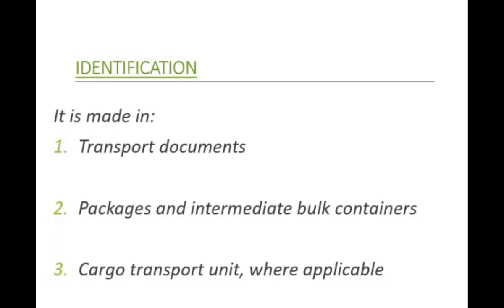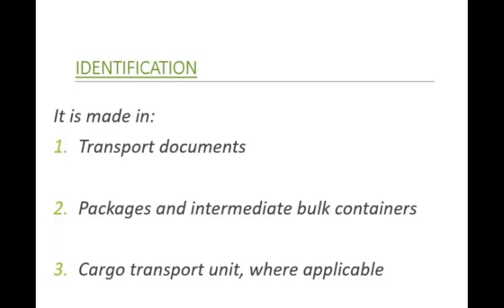So the three ways in which dangerous goods are identified is that: one, the dangerous goods are indicated in the transport document, so you can identify it when you look at the document. So if you want to look for dangerous goods, when you handle any consignment, check the transport document, and if it's dangerous, you would know it's indicated somewhere in it.